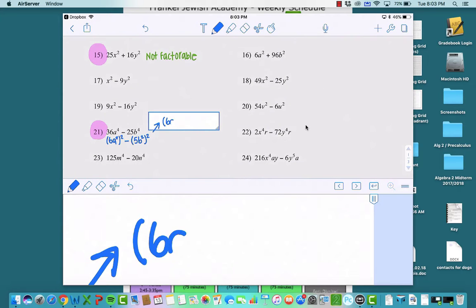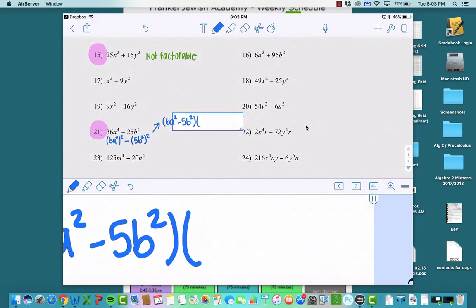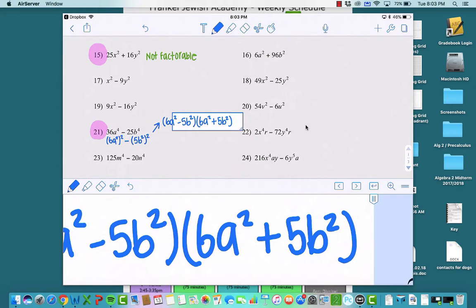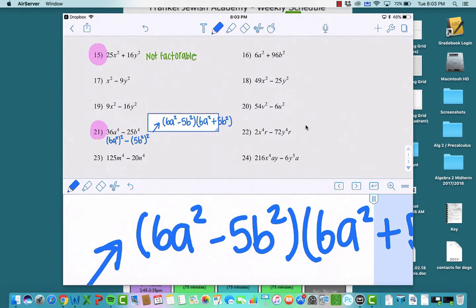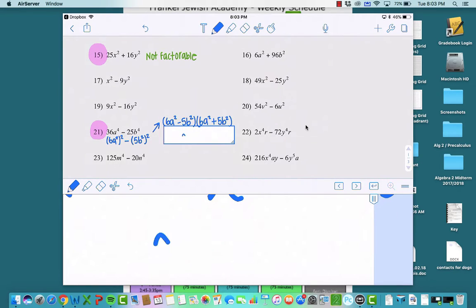As 6a squared minus 5b squared times 6a squared plus 5b squared. So again, I just found the square root of each part. I'm just double checking, but I don't think that's a difference of squares. That doesn't help me very much because otherwise I have to get roots. So I'm done. Woo!